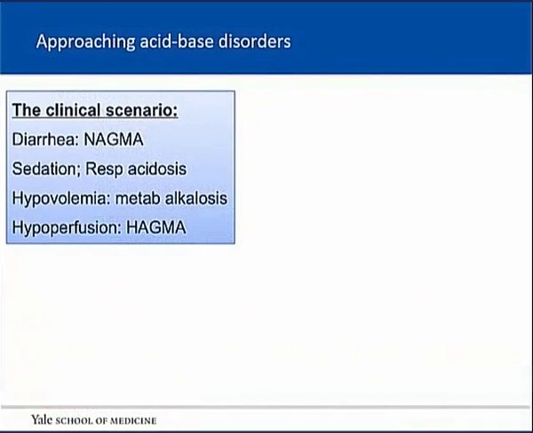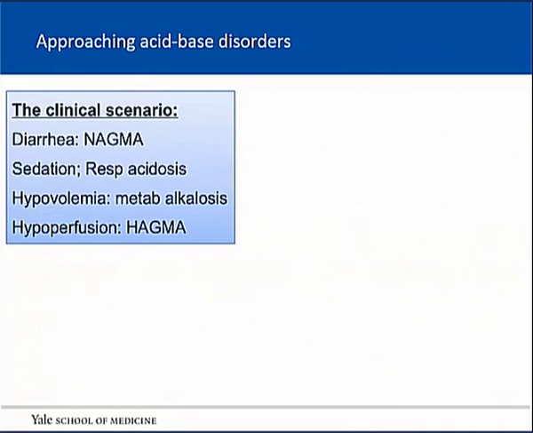Think about the clinical scenario. For any clinical scenario, you will be able to come up with something that should have an impact on acid-base. So for example, the guy with diarrhea, losing bicarbonate, a non-anion gap metabolic acidosis. Someone who's sedated, a respiratory acidosis. Someone who's hypovolemic could have a metabolic alkalosis, but if the hypovolemia is enough to cause hypoperfusion, a lactic acidosis, a high anion gap acidosis.